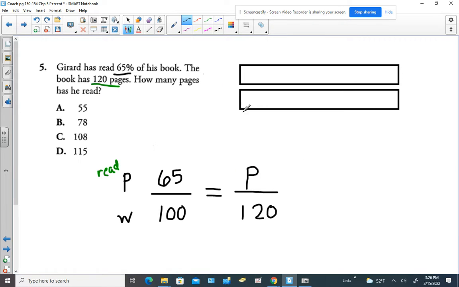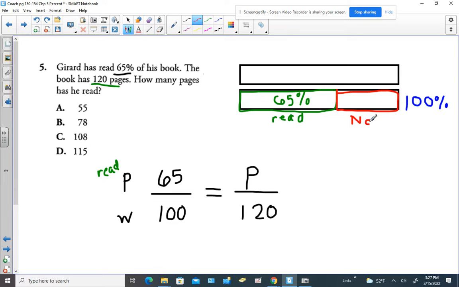Now, if we were going to map this out on a tape diagram, we would have put the 100% maybe on the bottom, and we would have mapped out 65%, which would be maybe this amount, more than halfway, about like that. And we would have said that this is what he read, which, by the way, would imply that this is what he didn't read.